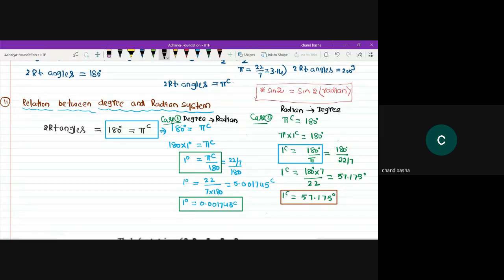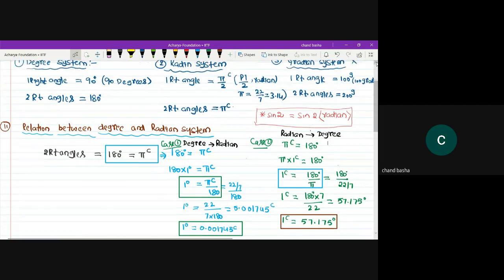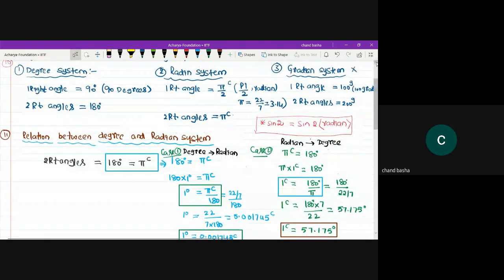The measurement of an angle: angle can be measured in 2 ways. One is degree and another one is the radian system. One right angle is equal to, in degree, 90, and in radian, pi by 2. 2 right angles, 180, and in the radian system, 2 right angles is equal to pi radian.